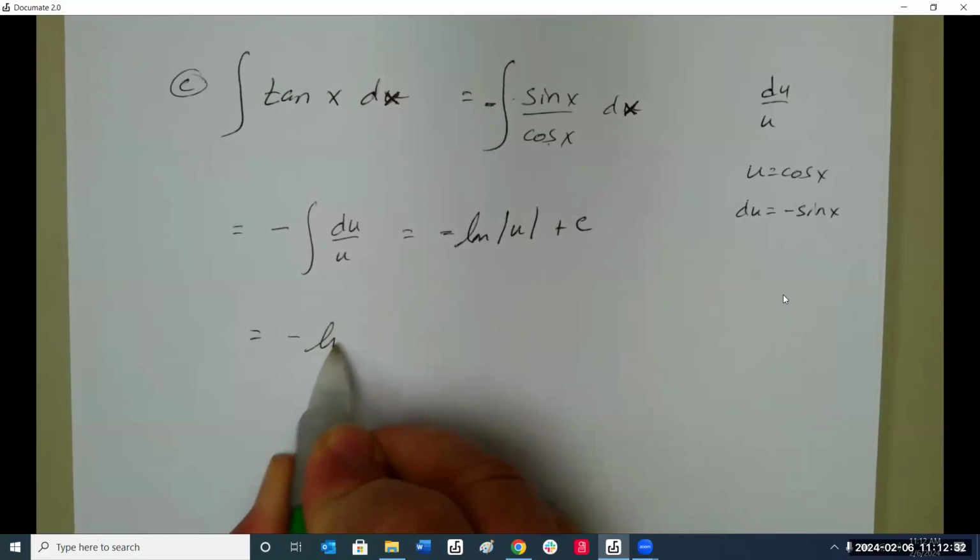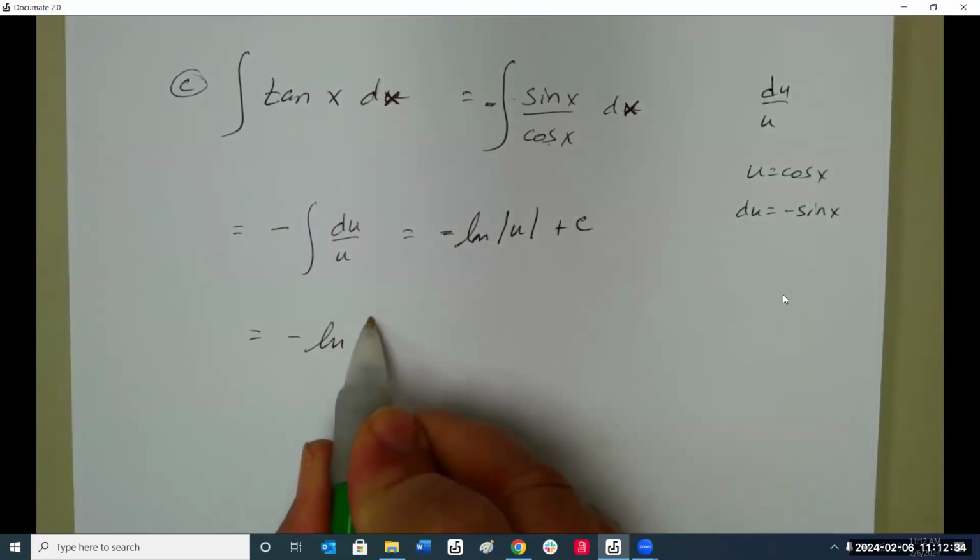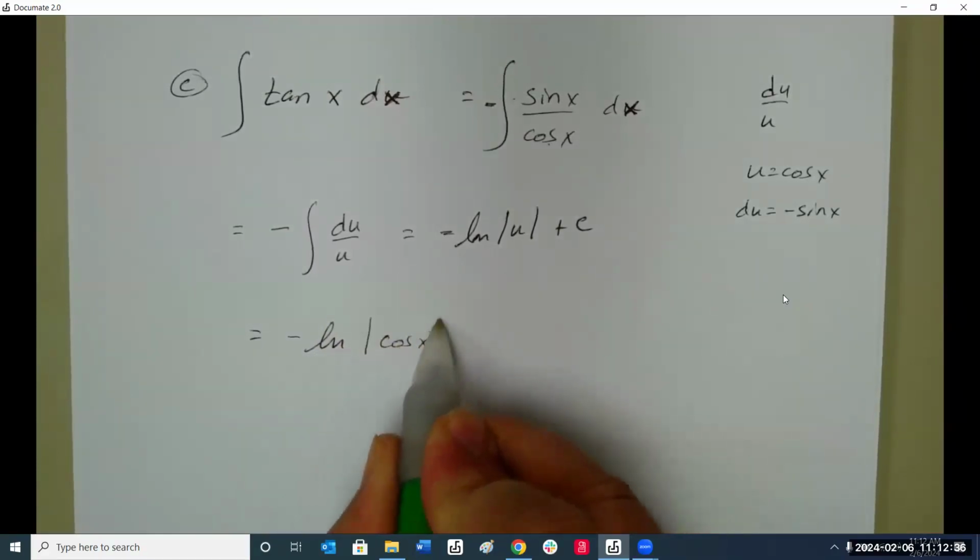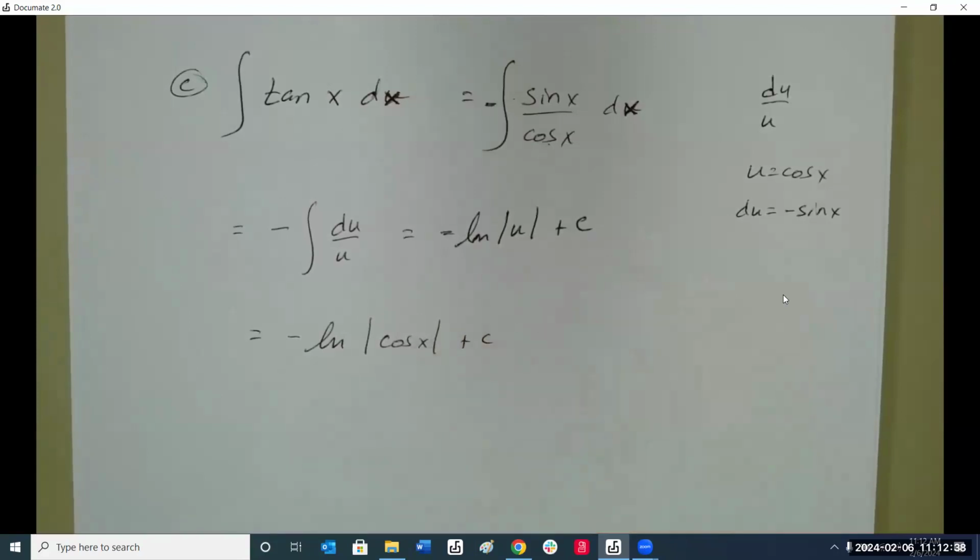So it's ln absolute value of cosine of x plus c.